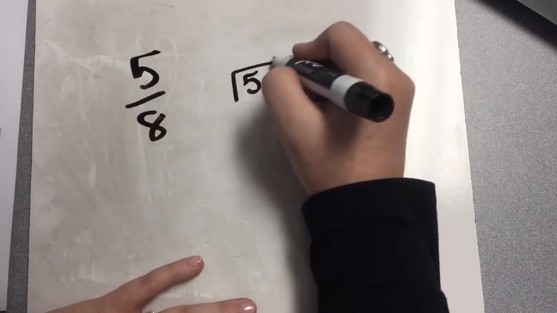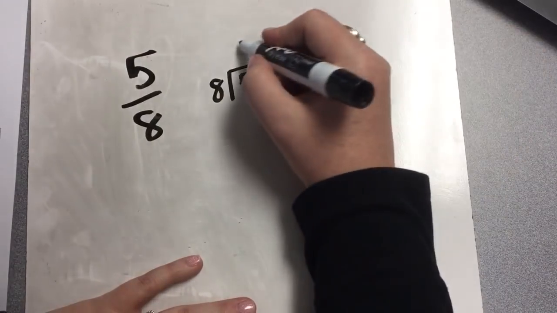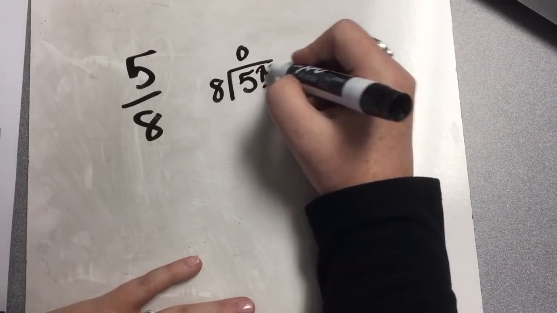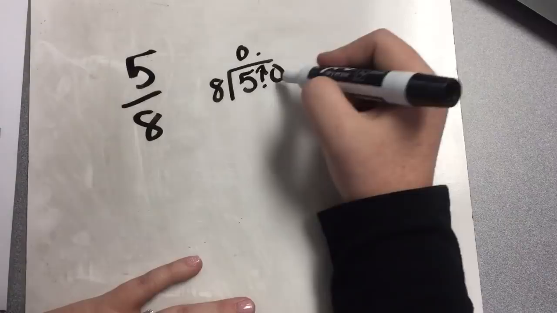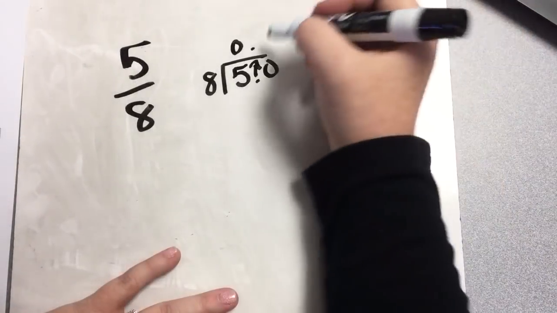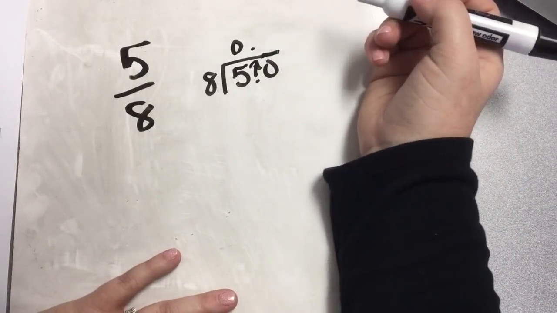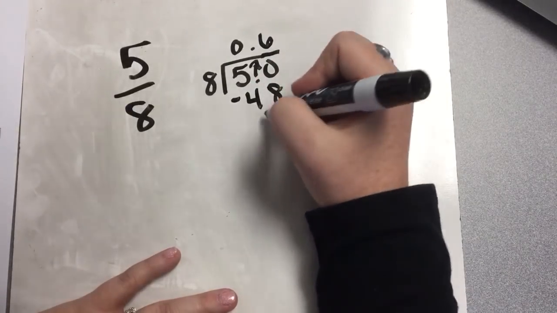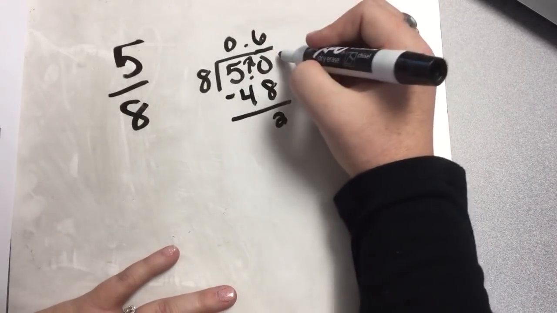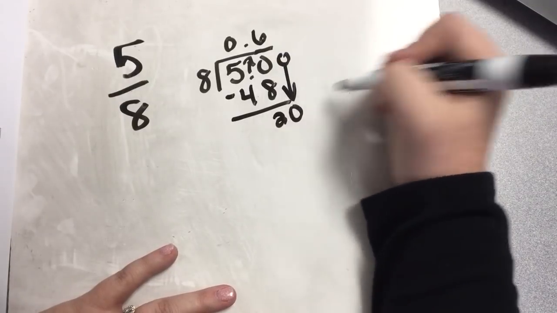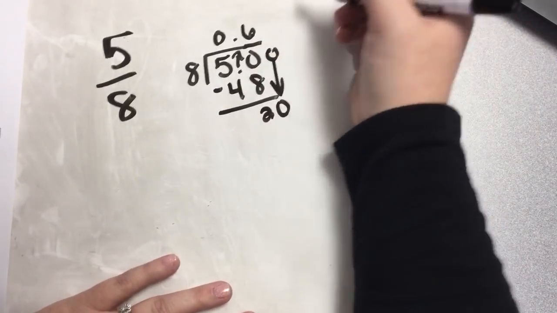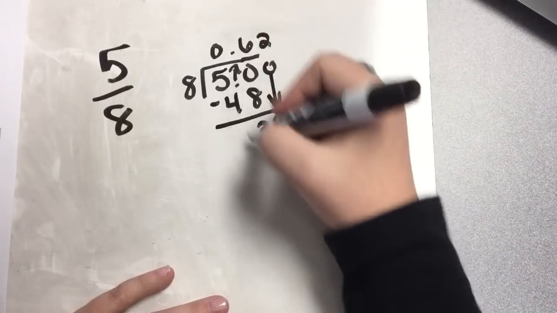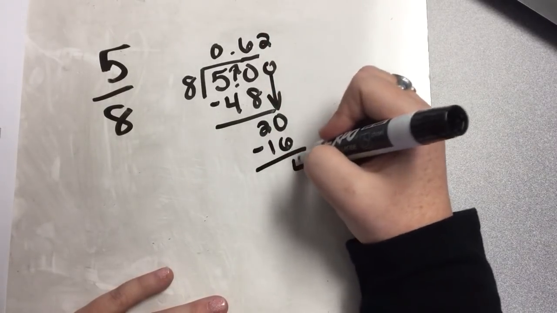So 5 divided by 8, cannot do that. Add a decimal and a 0. 8 goes into 50 6 times, minus 48. Then you're going to have 2, add a 0. 8 goes into 20 2 times, minus 16.